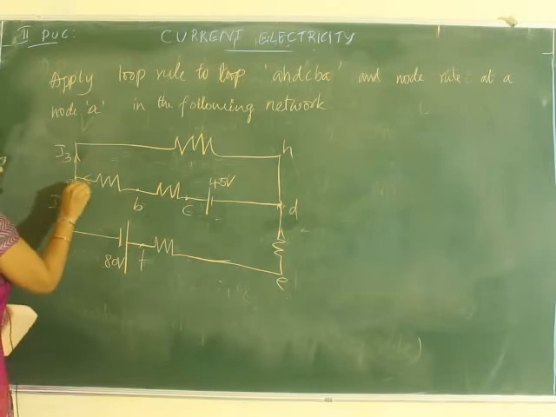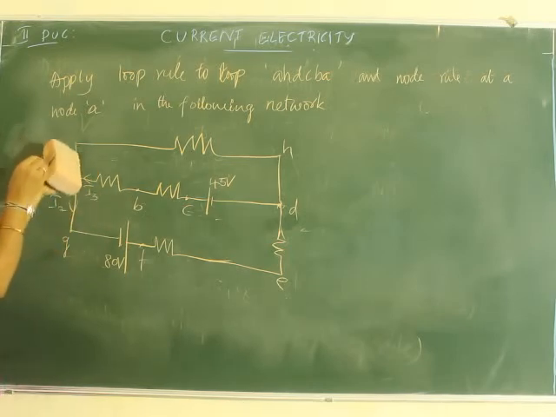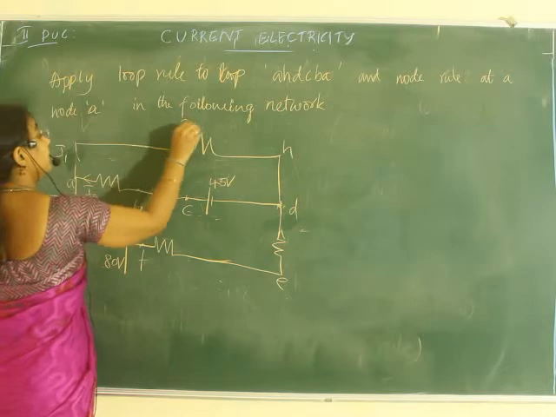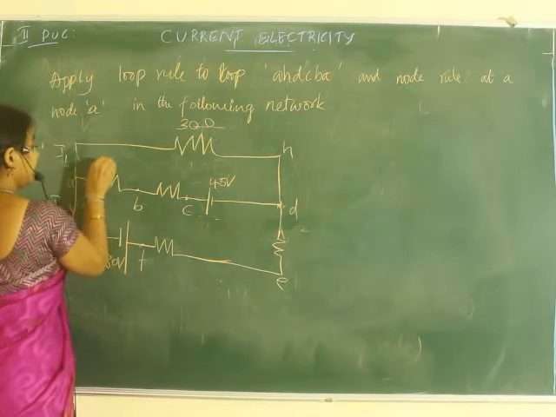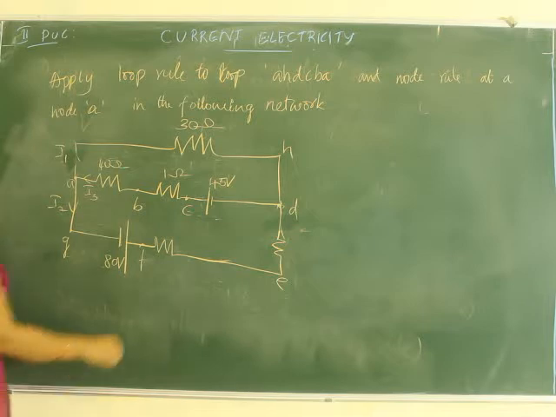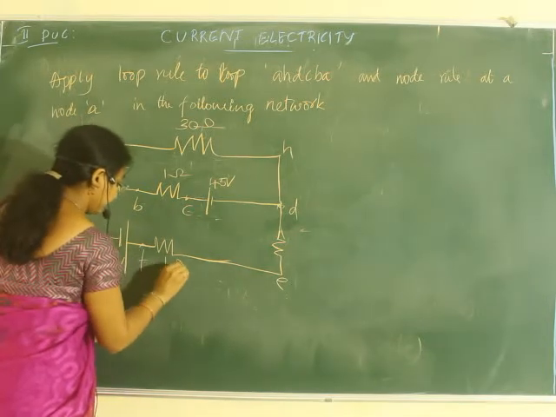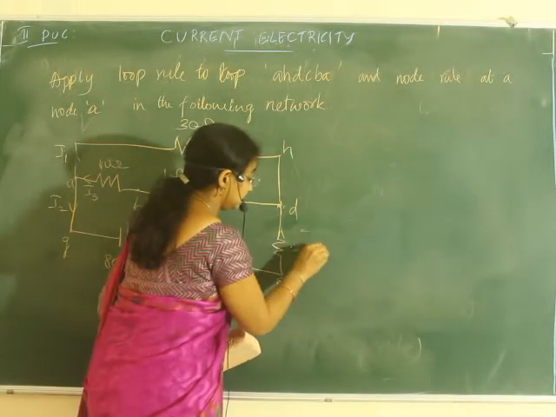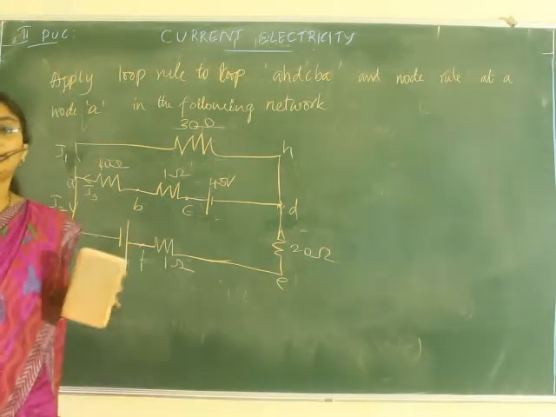Sorry, this is I3. This is I1. 30, 41. One more is left, that is this one. This is 1. This is 20. Okay, this is the diagram.